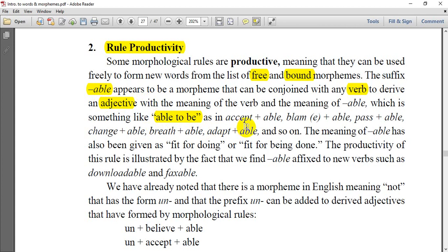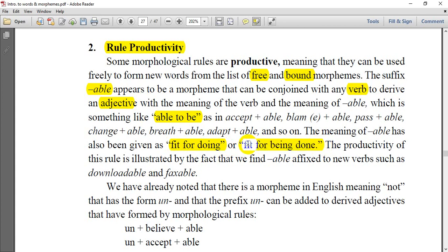For example, acceptable, possible, changeable, breathable, adaptable. The meaning of -able has also been given as fit for doing, fit for being done.